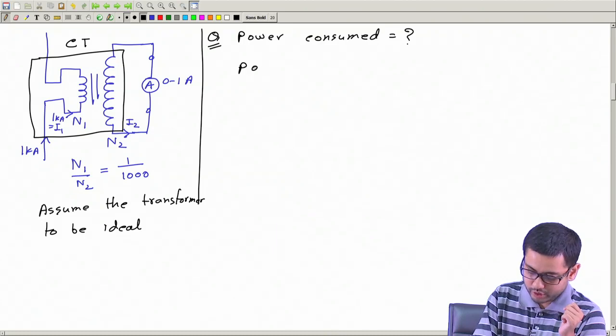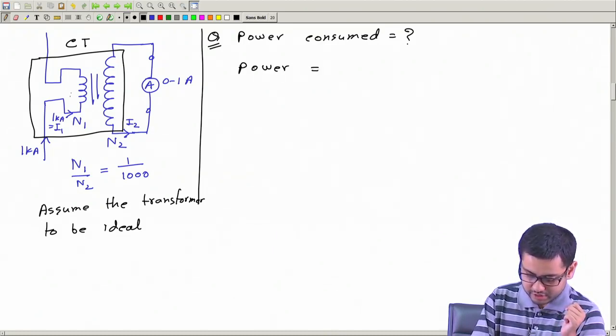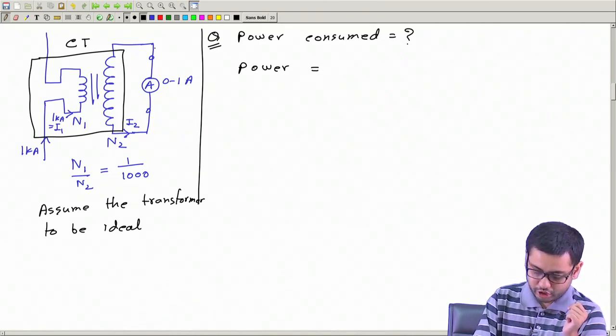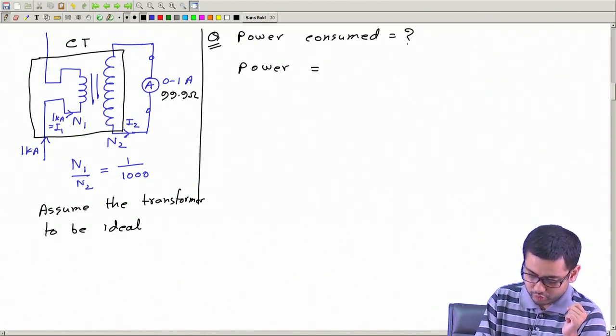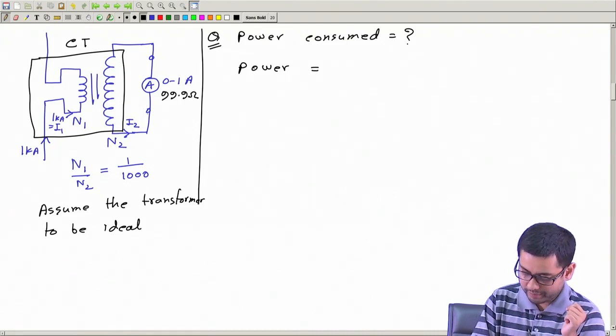So power will be equal to, since no power is lost in the transformer, the power is lost only in the ammeter, and the ammeter resistance is 99.9 ohm, and the current flowing through it, I2, as we calculated before, is 1 ampere.